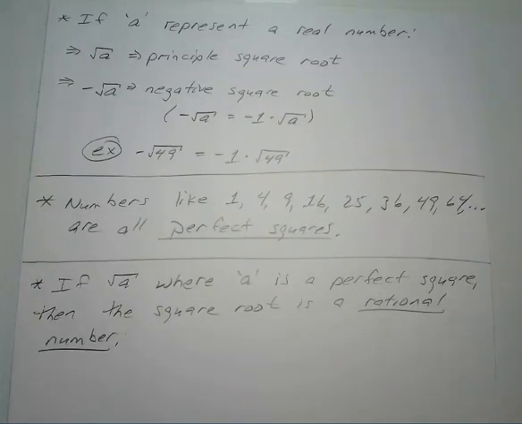That's how you know you have a rational number: when you can get the square root of it and you still have a number that's not a decimal or some never-ending number.